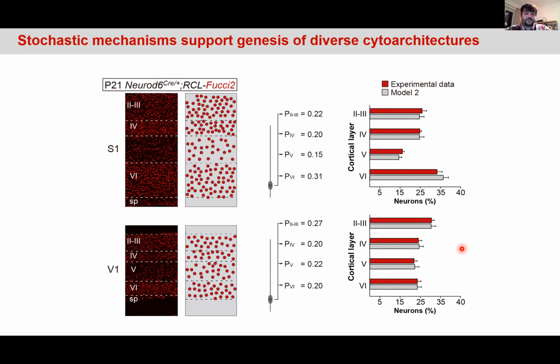So the collective output of progenitor cells in our simulations, given this subtle tuning, was able to be changed pretty easily to adapt to those that define the different regions of the cortex. So it seems that this kind of stochastic model could account also for the adaptation of the progenitor cell behavior in order to build different cellular architectures as those that define the different areas of the cortex.